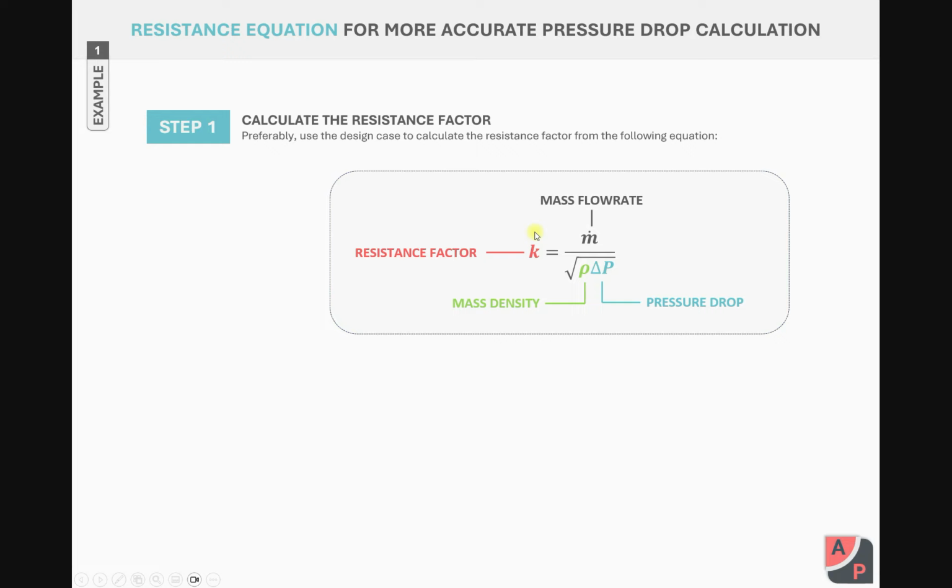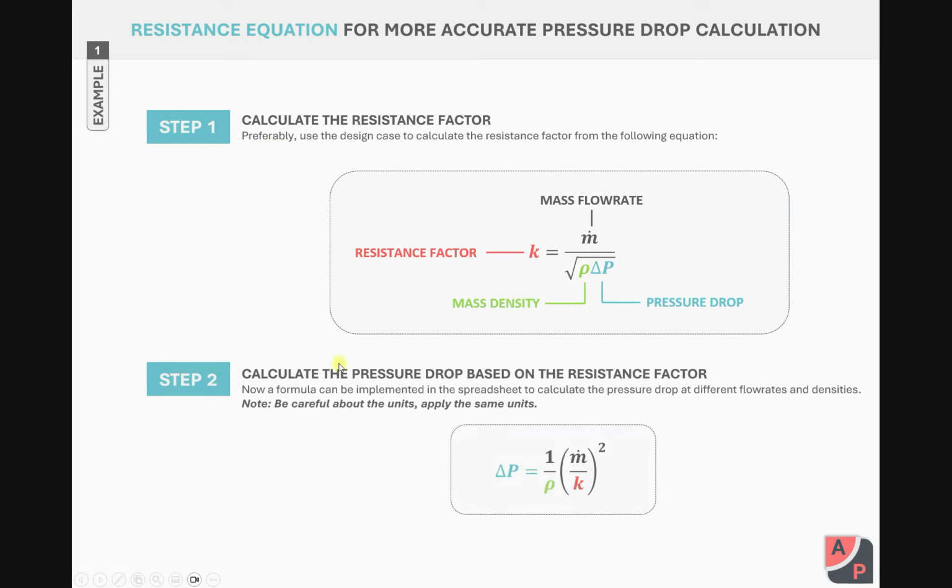When we calculate the resistance factor for one of the cases, as I said, preferably the design case, then you can calculate the pressure drop and implement it in your spreadsheet, export it to your heat exchanger, and when you change the flow rate and properties for the inlet fluid, the pressure drop will be updated.